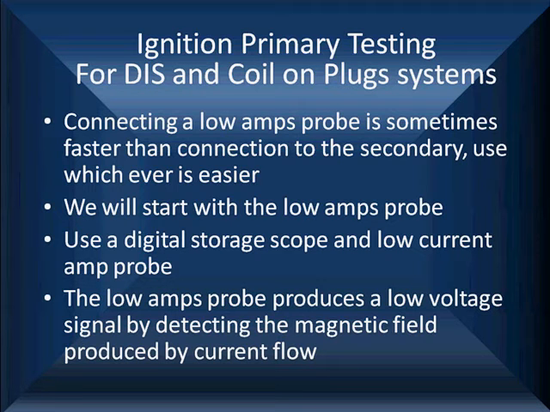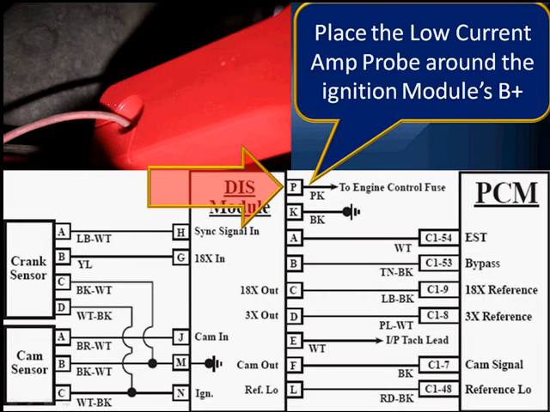If you're adapting a low amps probe to another scope that it wasn't made for, you're probably going to have to set a millivolt scale and use the scale on your low amps probe. It will tell you how many millivolts per amp you're looking at. And that's the way you're going to make a measurement. Let's look at exactly how we're going to connect this low amps probe.